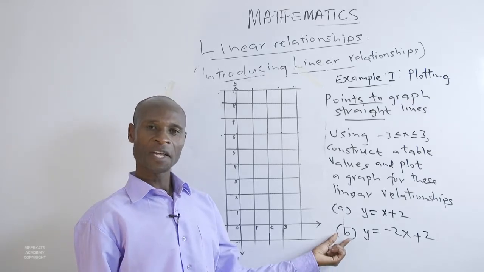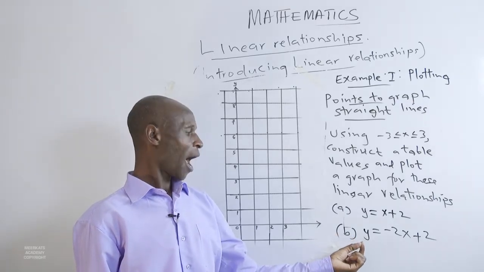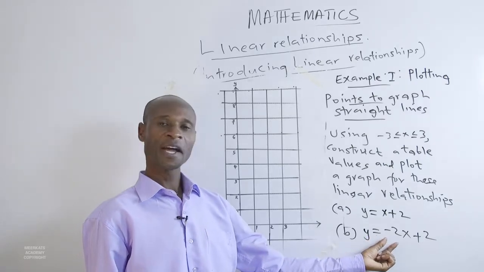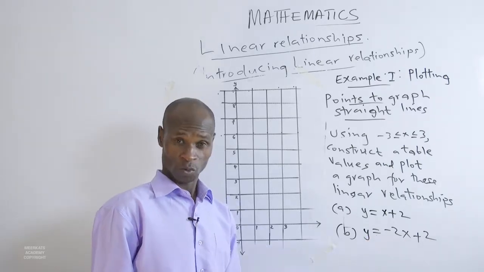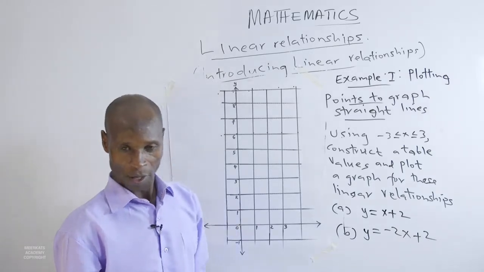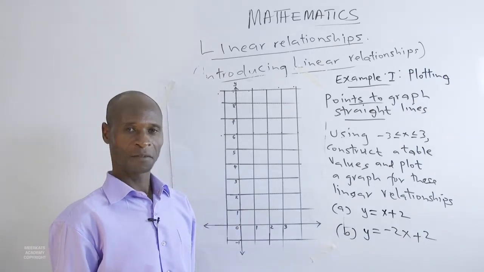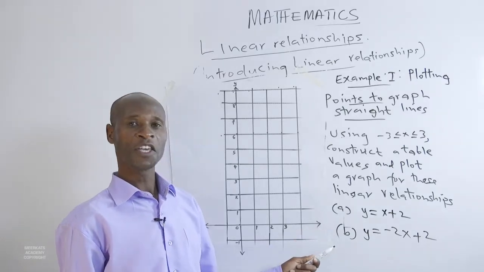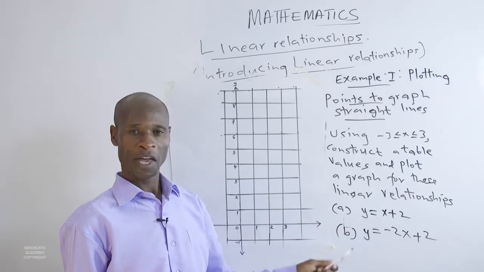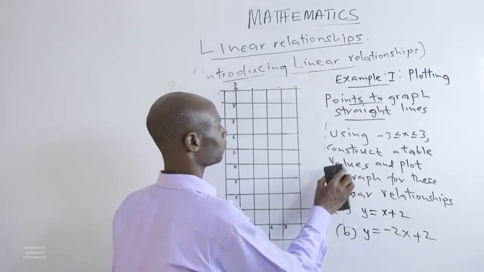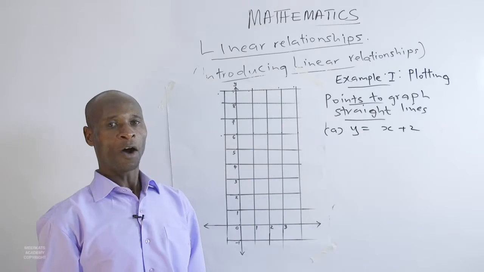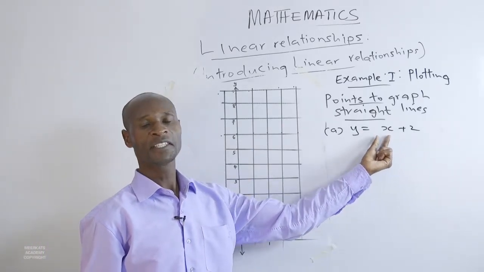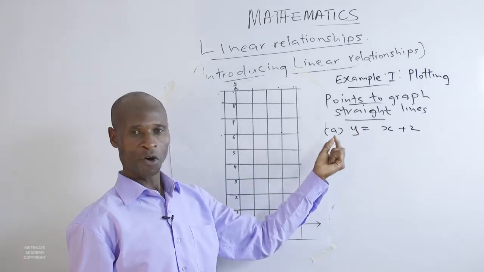Then in part B, we shall consider a graph of y is equal to -2x plus 2. Let us start with the first one, part A, whose function is y is equal to x plus 2. Now, in our first function, y is equal to x plus 2, it is linear. Let us draw the table.